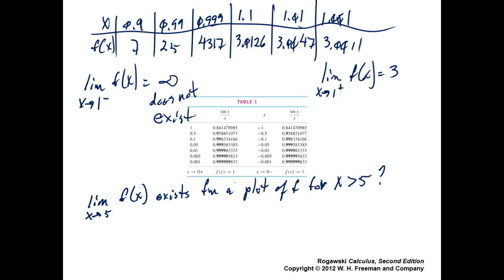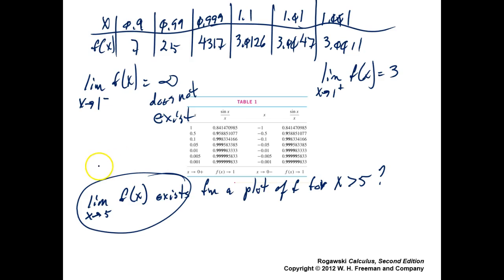All right. We did number 6, and the answer was no. You'd have to see what's going on the other side, too. Number 7, this is a different problem. If you know in advance that the limit of f of x as x approaches 5 does exist, can you determine the value from a plot of f for x greater than 5?